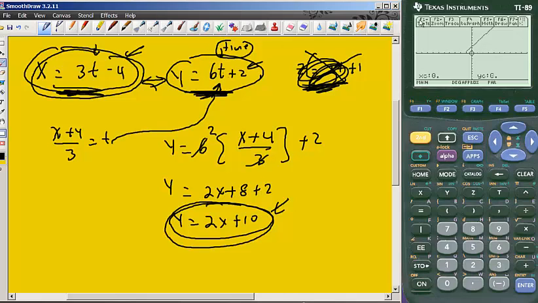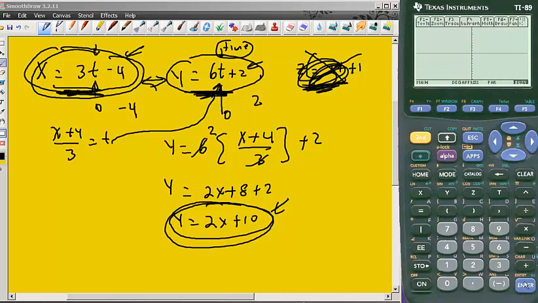The reason it stops here, and doesn't go on forever, is because of our t. When t is 0, time is 0, this is 2, and at time 0, x is negative 4, and that's why it stops there. Let's zoom in a little bit.